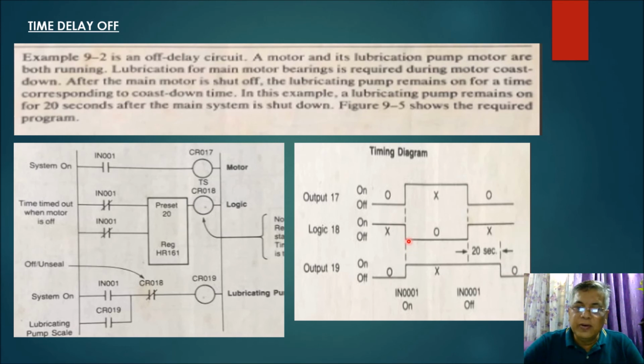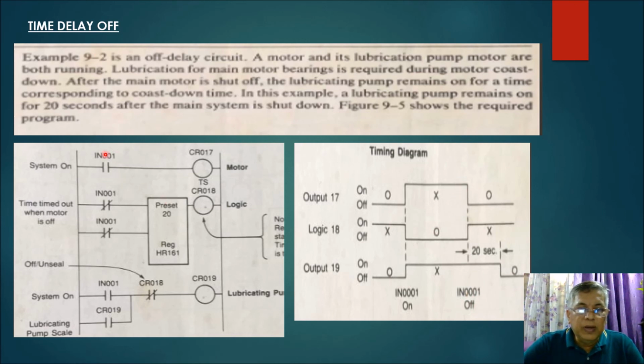Now, while CR18 or logic 18 is 0, the outputs 17 and 19 will stay on until such time that your input 001 here is turned off.